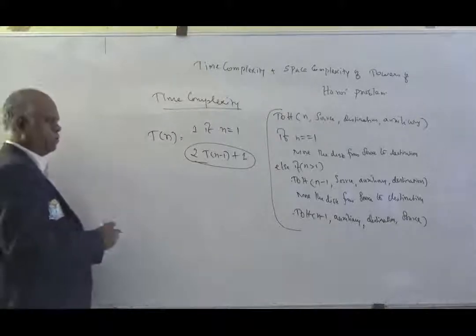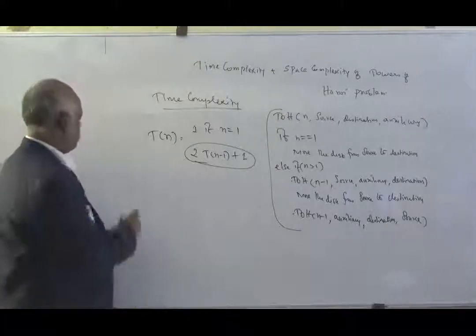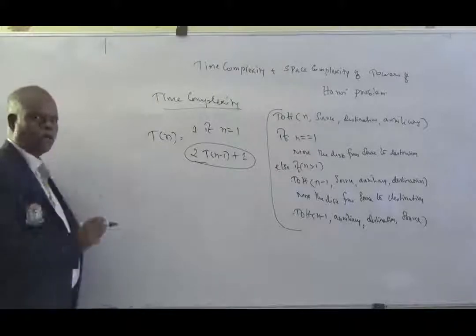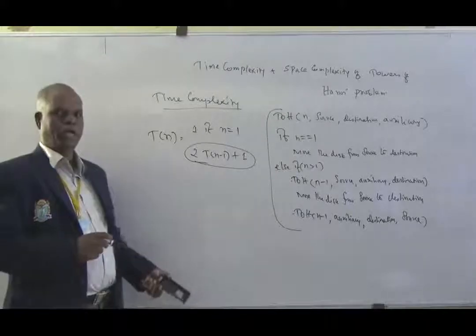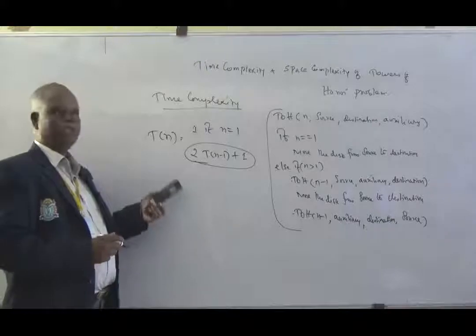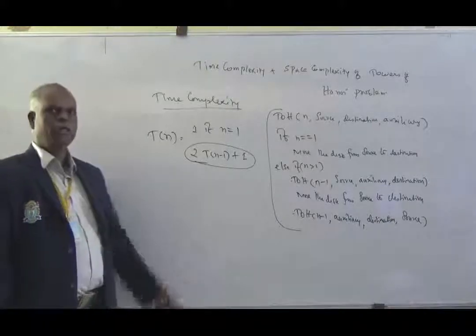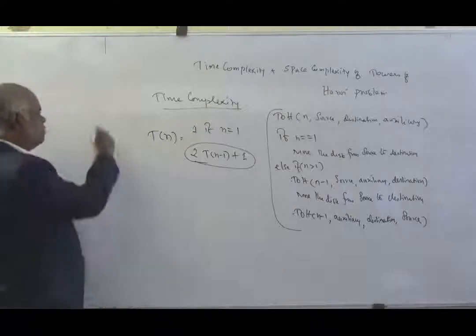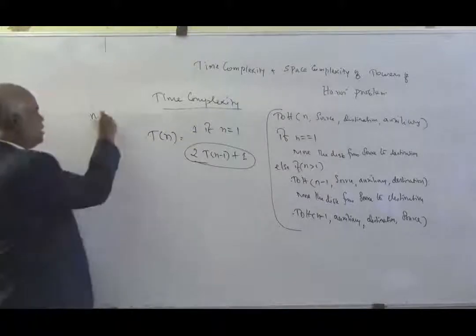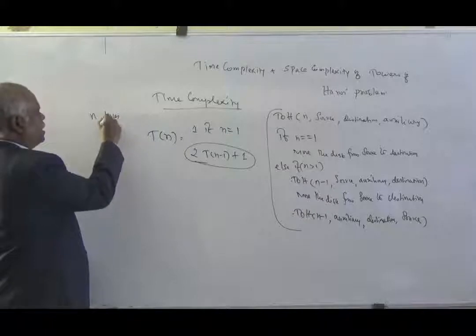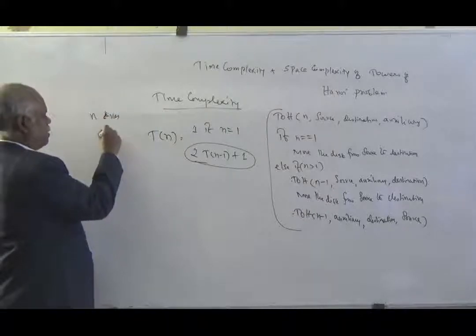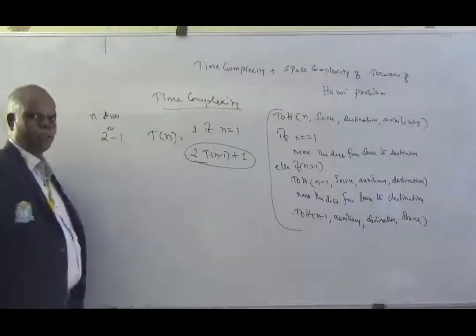In part 1, we discussed the formula to calculate the number of moves required if the number of disks is given. Had you watched part 1, you can easily say that if there are n disks in the towers of Hanoi, the number of steps required is 2 to the power of n minus 1.